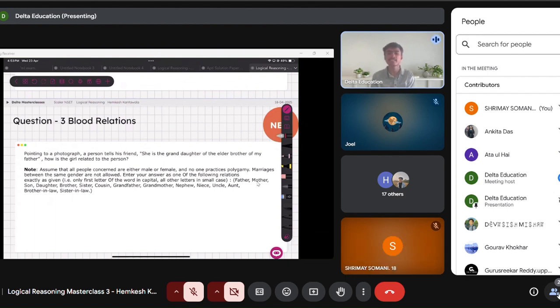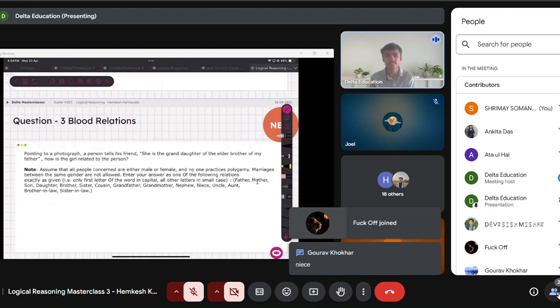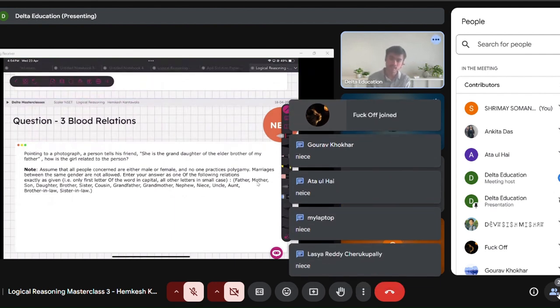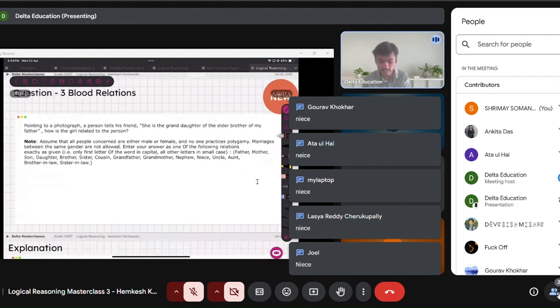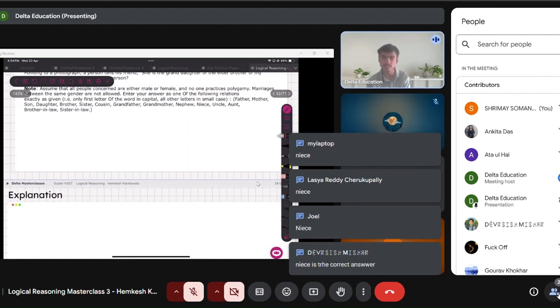Correct. As I said, there can be many ways of solving it. I was just asking you this, and you tried to combine them. Niece. Great. Everybody is getting niece as the answer. Let me check. Yes, niece is the correct answer.